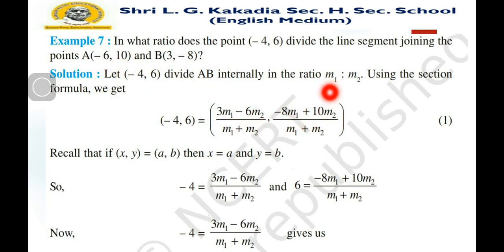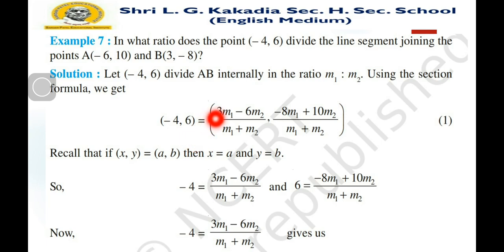We don't know the value of m1 is to m2. Recall that if (x, y) is equal to (a, b), then we can set x is equal to a and y is equal to b. So we can compare both the quantities.